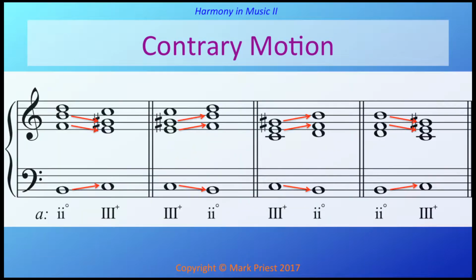We can often avoid the melodic augmented second when connecting other pairs of triads by applying the technique of contrary motion. For example, listen to these minor mode connections between a pair of dissonant triads, the 2 diminished and 3 augmented triads.